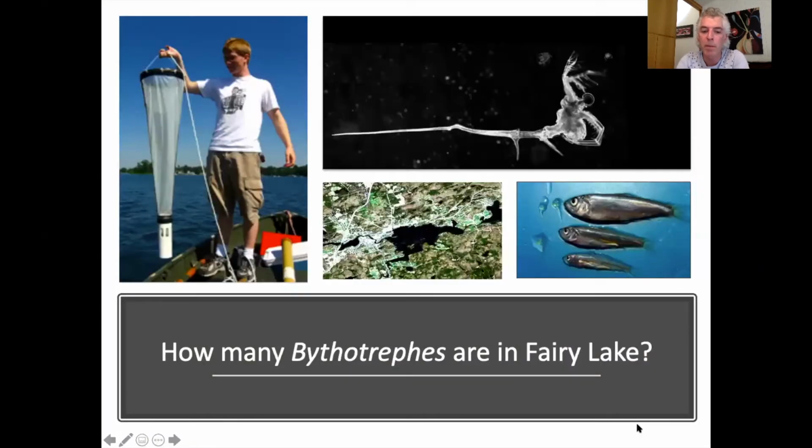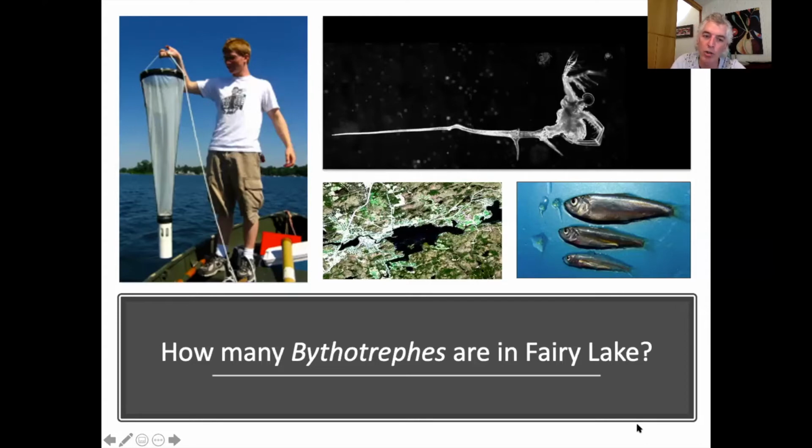So for example, I've been interested in this invasive species, a little zooplankton called Bythotrephes, or the spiny water flea. It's like other water fleas, like Daphnia, in many ways, except it's got this big, long, nasty tail spine out the back of it. Now, these little things are living in freshwater lakes in North America, reproducing, letting go of live young every couple of weeks, and constantly being eaten by fish.